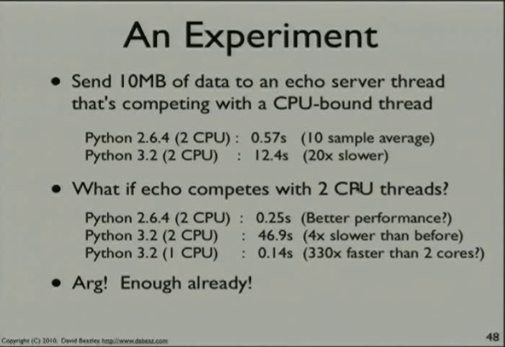If I added another CPU-bound thread into the system, the time shot up to 46. This is what I don't understand: the Python 2.6 time got better. That's probably a whole other talk as to why. And then Python 3.2 shot up to 47 seconds. And the extra icing on the cake is that if I turned off one of the cores, it went down to 0.14 seconds.